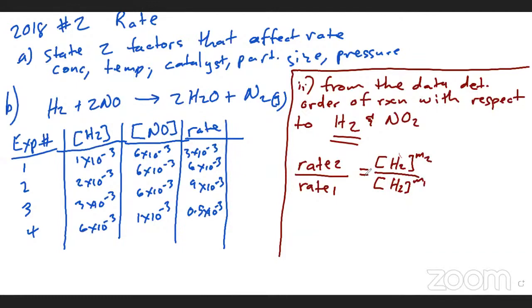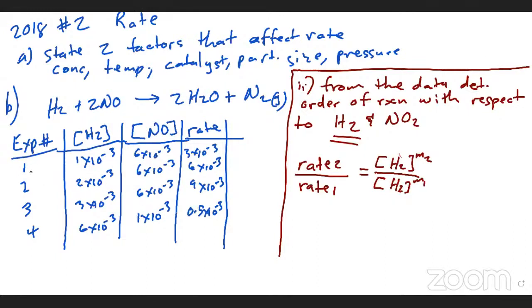So what you're going to do now is look for two experiments in which you change the concentration of hydrogen while keeping NO constant. If you look at experiments 1 and 2, you change the concentration of H2 while keeping the NO concentration constant.